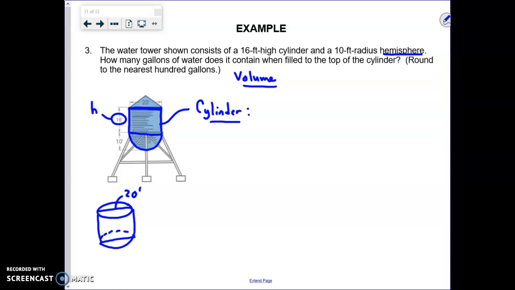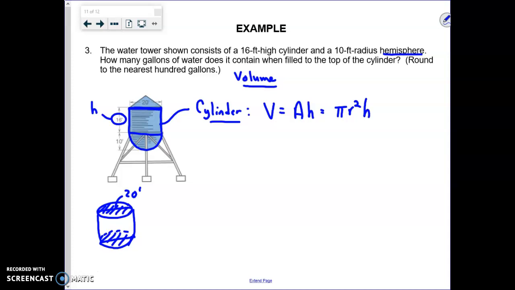So to find the volume of a cylinder, we're going to take the area of the base times the height. Or if you go onto your formula sheet, that's pi r squared. That's the area of the base, the circle. Base, again, I'm talking about being here on your cylinder, not the half sphere at the bottom, times the height.